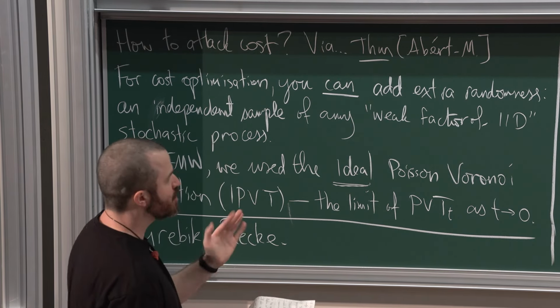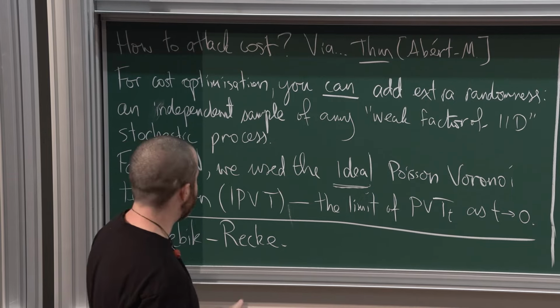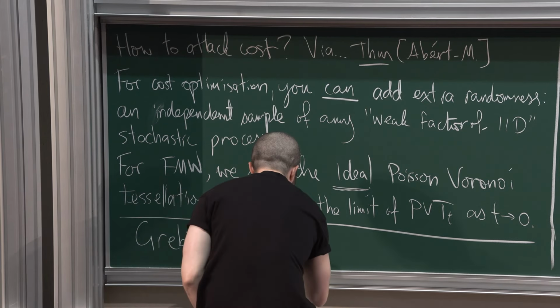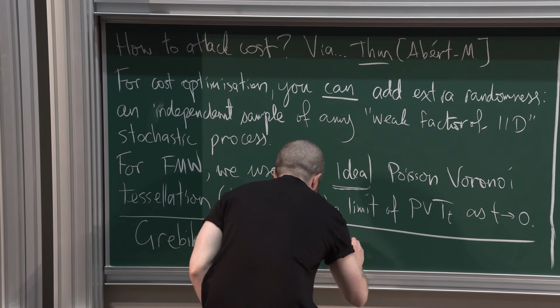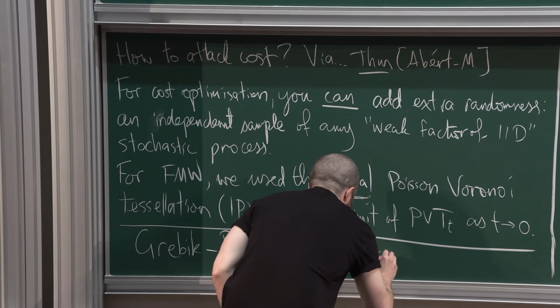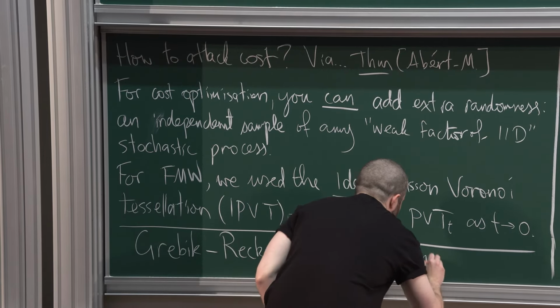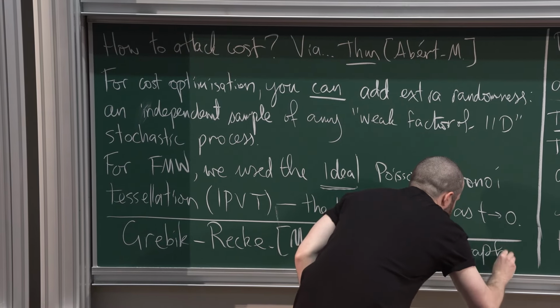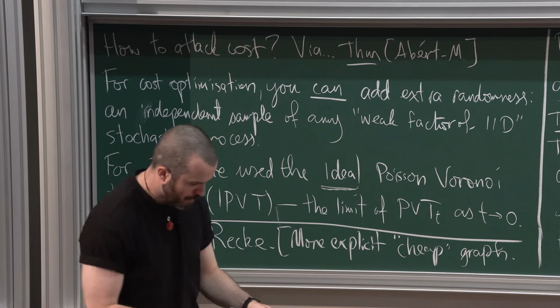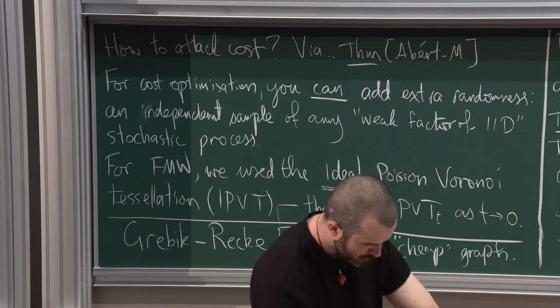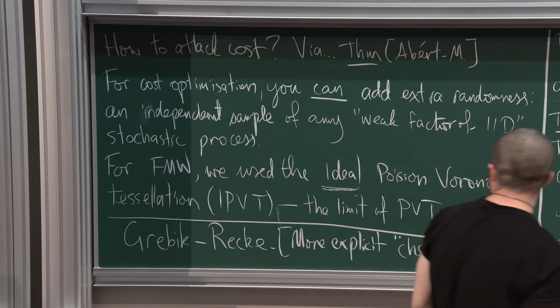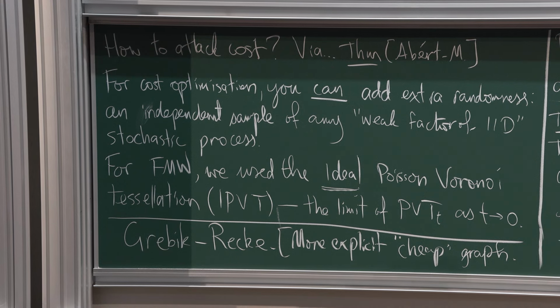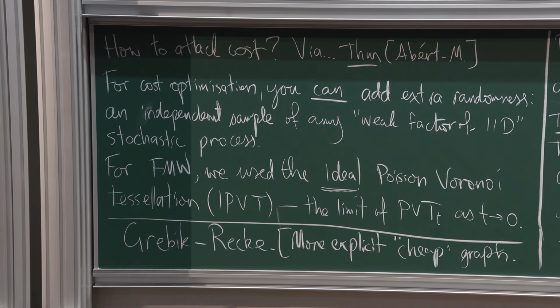In terms of the cost application, I guess it's slightly weaker, but you do end up with a more explicit cheap graph in terms of the cost optimization problem. So I highly encourage you to look at that paper if you're interested.